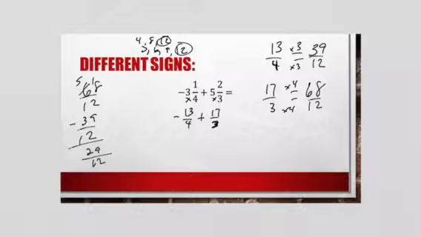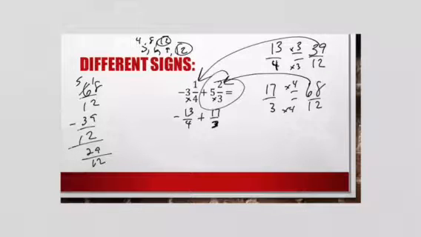So I get 29/12. Now the question is it positive or negative? Well, this number goes with the positives, and this one goes with the negatives. Which one had a greater absolute value? Definitely this one. So my answer will be positive because that number was positive. Now if you're getting a little confused, you want to work one of these or two of these with your teacher.